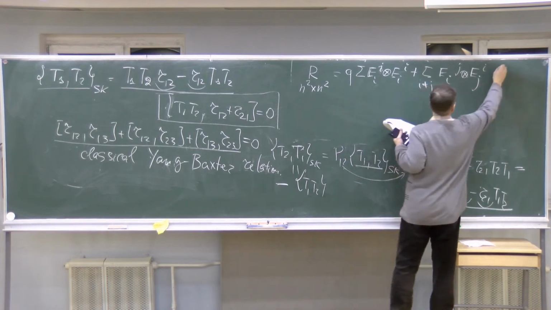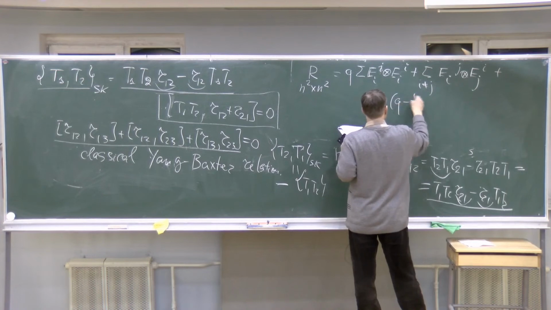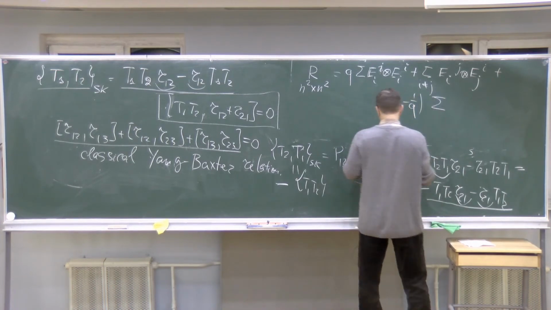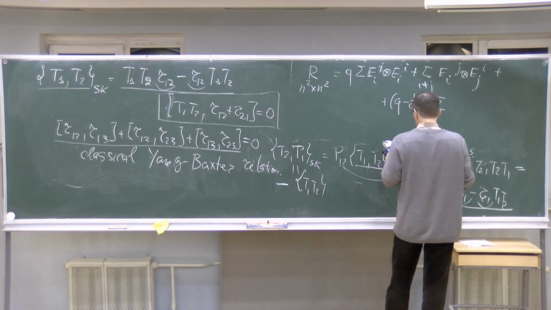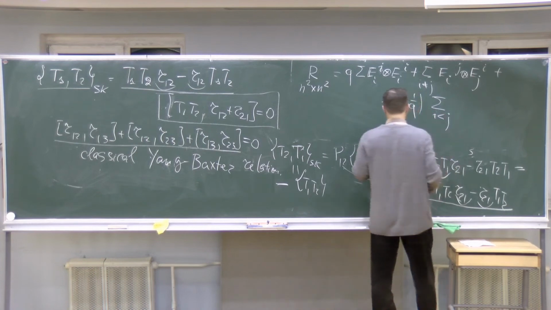And then the last term, Q minus 1 over Q, times the sum over i less than j.